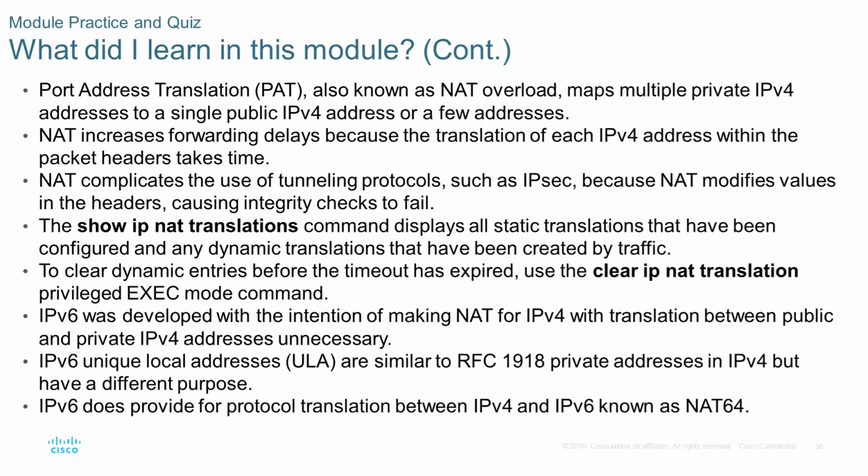We cannot trace traffic as easily because we don't have end-to-end headers being consistent. We can verify the translation services being active using the show IP NAT translations command. We can clear that translation table with the clear IP NAT translation command. And we can also look at how many times an address is translated with the statistics command.